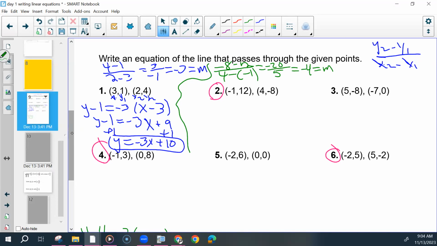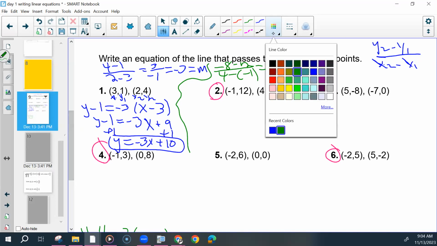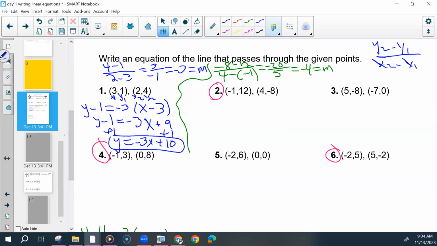Right, we have a choice. Do we want to use the first point or the second point? If you want to use the first instead, go for it. So even though we used it as x2, y2, this is going to be like our x1, y1. So we have y minus -8 equals our slope -4, parentheses x minus.